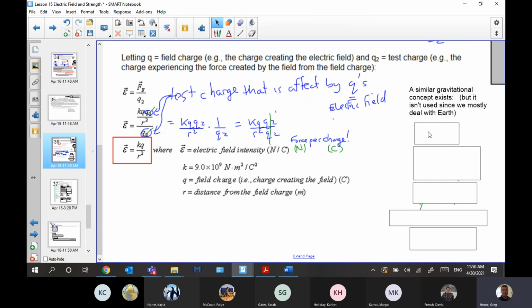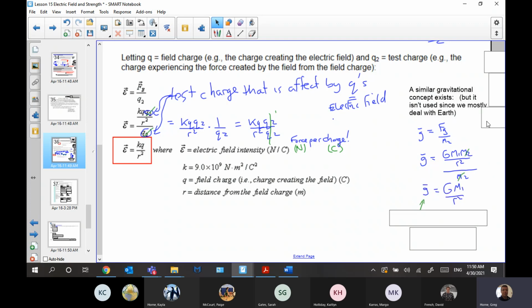But anyway, in gravity, the same concept exists, right? For gravity, Fg equals mg. We're talking about a mass near Earth, let's say, that's experiencing a force, right? And so in this case, m1 would be the mass of the Earth, and m2 would be like you, for example, feeling a force of gravity. And so you could say g equals GM over r squared, and that's really what the 9.8 is, right?